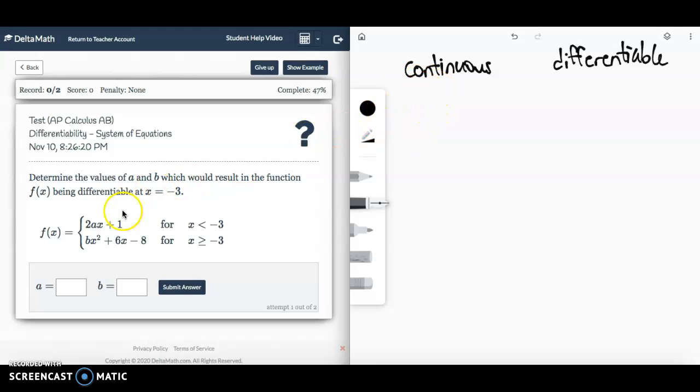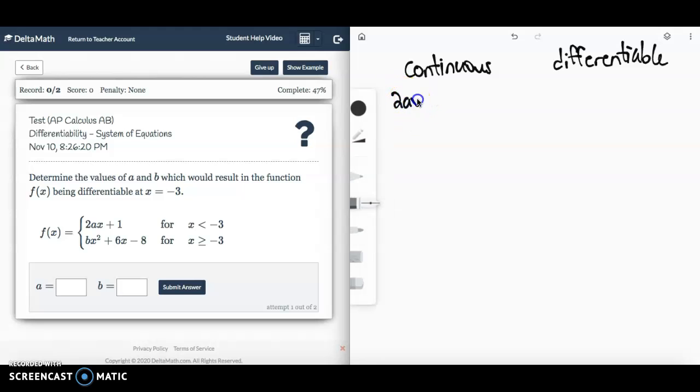So if that was true, then basically these things would have to equal each other when x equals negative 3 in order for it to be continuous, and then their derivatives would have to equal each other when x equals negative 3 in order for it to be differentiable. So I'm just going to go ahead and set these equations equal to each other.